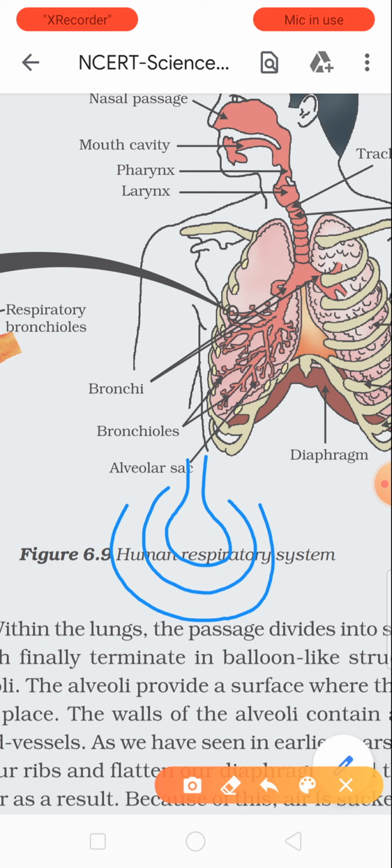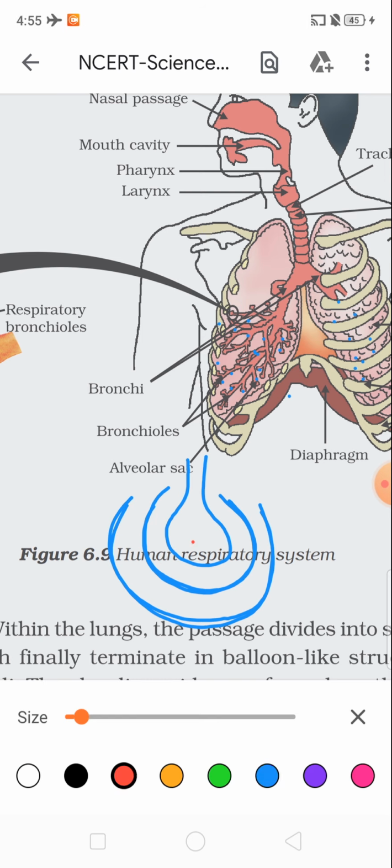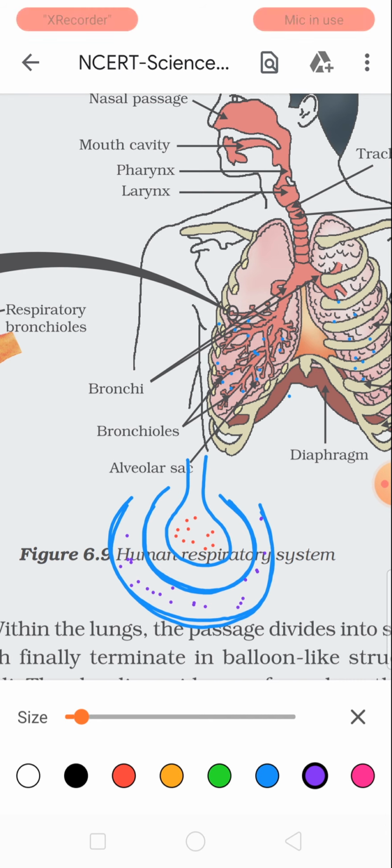What are capillaries, students? They are blood vessels. We will study about the arteries, veins and the capillaries. Here, on the left side and on the right side, there are various alveoli present. The alveoli are lined by capillaries, and alveoli are the area where the exchange of gases is taking place.